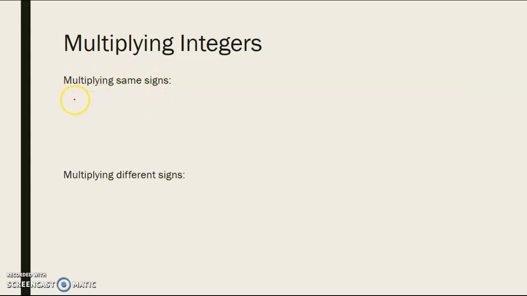But when we're multiplying the same sign, like -3 times -5, or even just both of them being positive, so 2 times 6, right? Here we have same signs, and when we multiply the same sign, we end up with a positive answer.